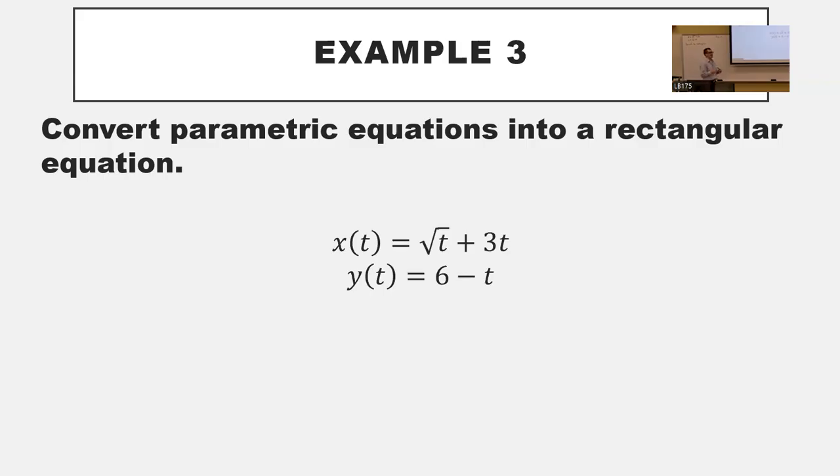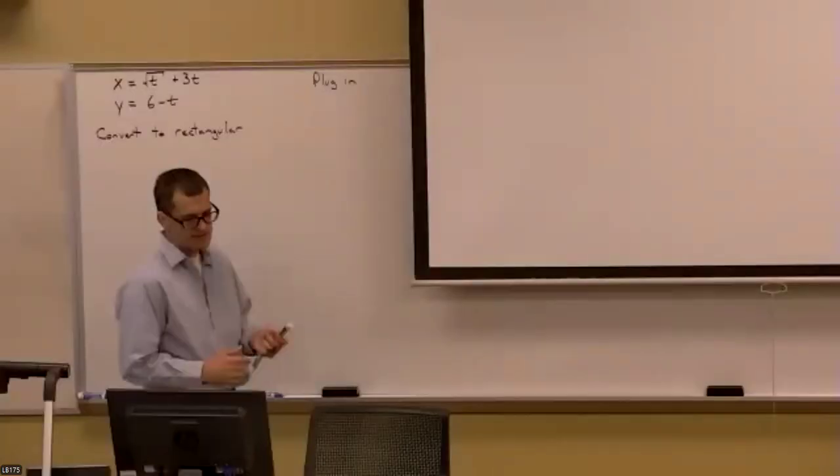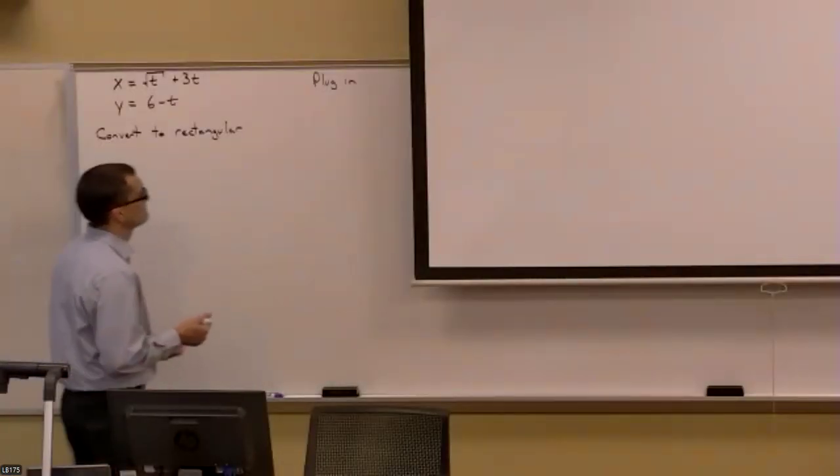When I say solve for t, I mean we're going to have to get t is equal to a function of y. I don't want t is equal to a function of x and y, obviously. So it's easier to solve for t in the y equation in this scenario.